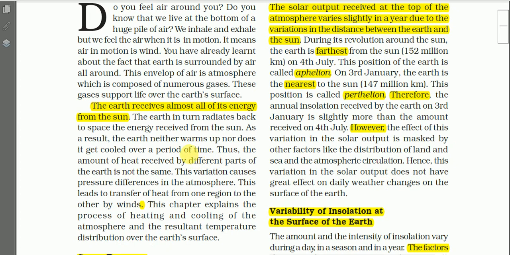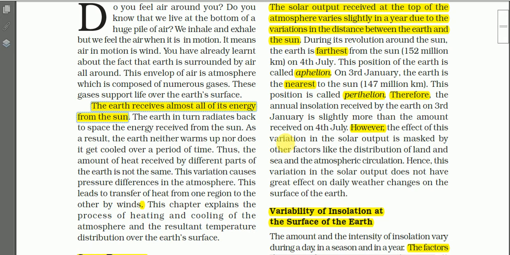We know that Earth receives almost all of its energy from the Sun. And the Earth in turn radiates back to space the energy received from the Sun. As a result, the Earth neither warms up nor does it get cool over a period of time.